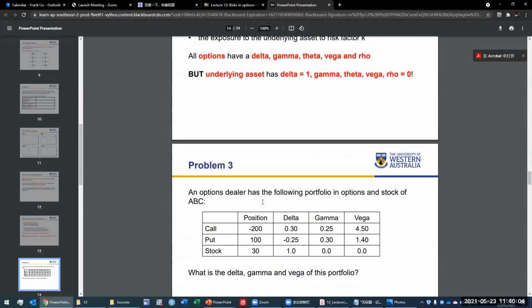Because I worry about my movement. Remember, some people say I buy a call option to hedge. But here I'm saying I have a call option, and I want to make sure that my call option itself is hedged. I want to hedge that again.